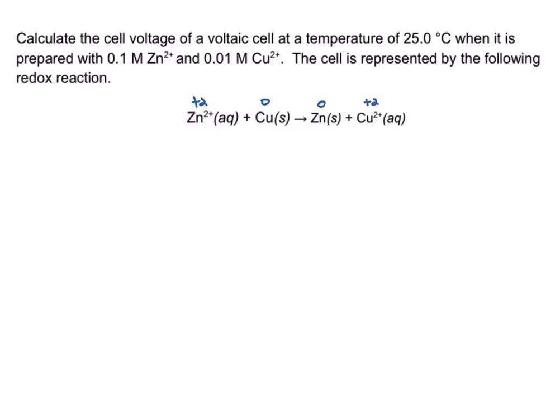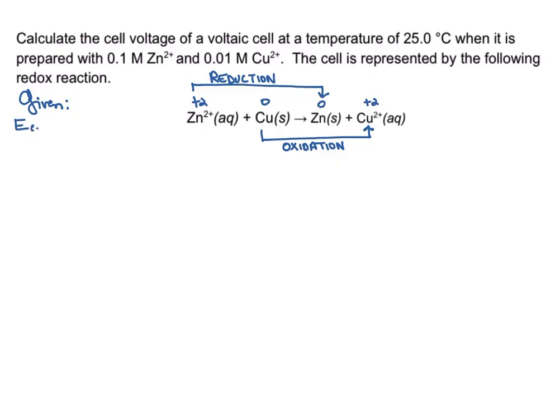Zinc starts off with an oxidation state of plus 2, and it decreases to 0. This is called reduction. Copper starts off at a 0 oxidation state and increases to plus 2. This is called oxidation.